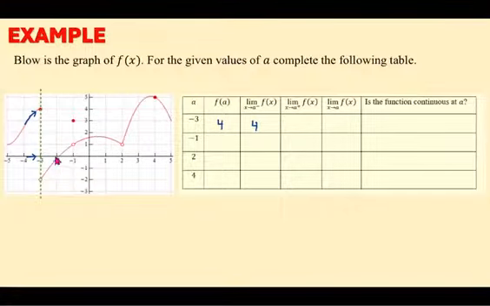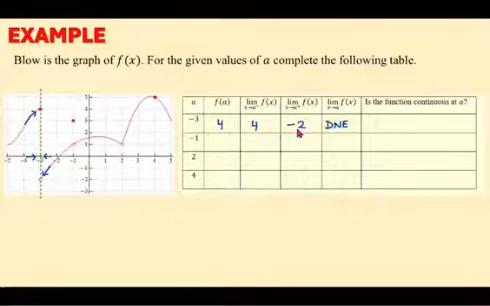Now let's look at the right-hand limit. If we go from the right towards -3, you'll see that the graph is going in that direction, down there, whose corresponding value is -2. So the left-hand limit is 4 and the right-hand limit is -2. The left-hand limit and right-hand limit are not equal, so the function is not continuous.